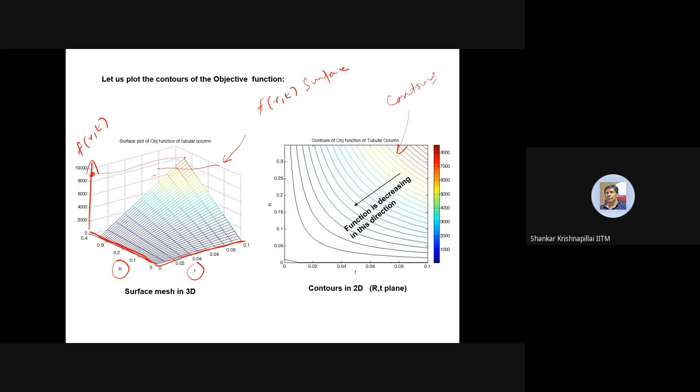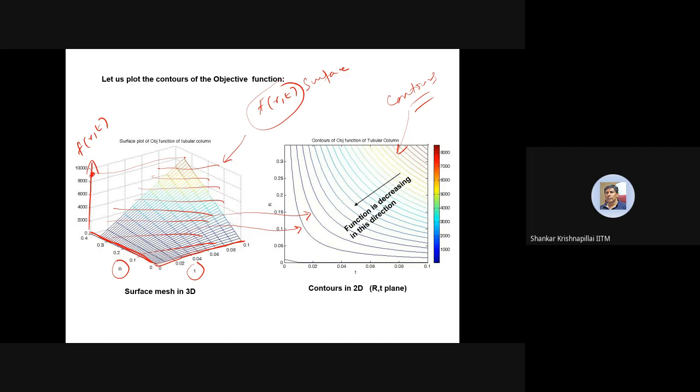This objective function has to be sliced into various heights, and all these slices are the contours. This is done with MATLAB. I wrote the equation of the objective function and gave the contour command, like contour 20, and it gives 20 contours. So you have this plot.